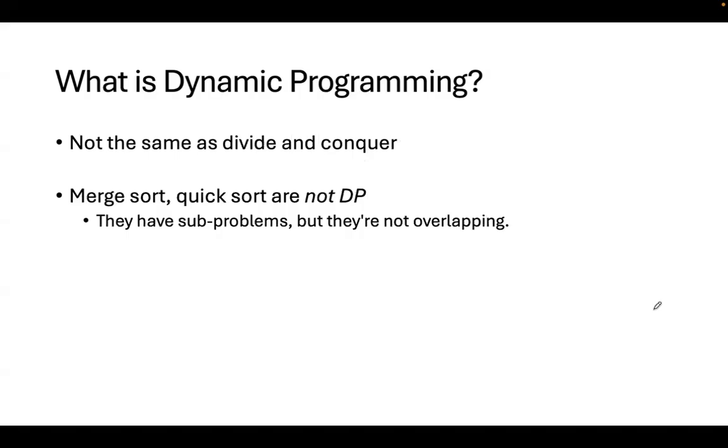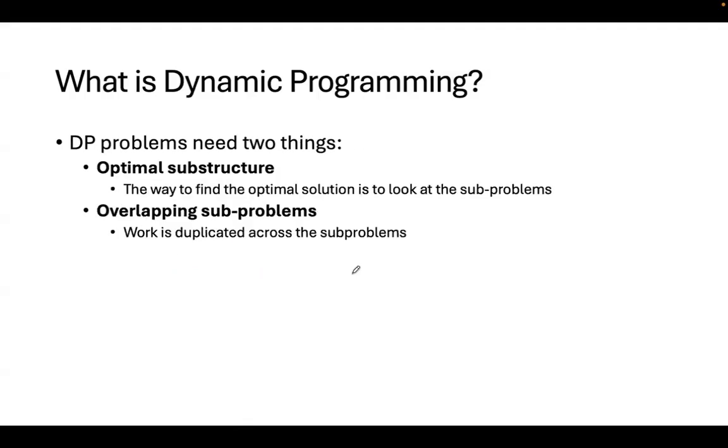So it's not quite the same as divide and conquer. If you think of merge sort, where we've got an array and we need to split it in half, this is an example of having subproblems where we're like, let's sort the left half of the array. Let's sort the right half of the array. We split it, so there are subproblems, and the way to find the optimal solution is to look at the subproblems.